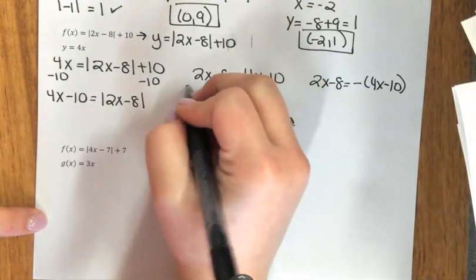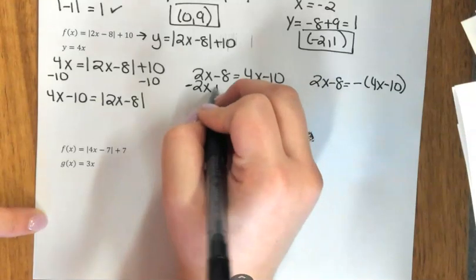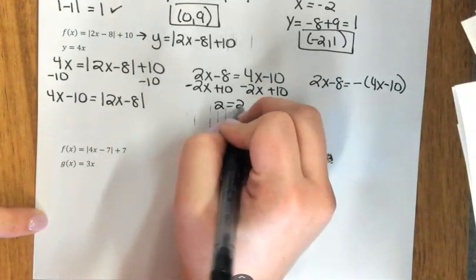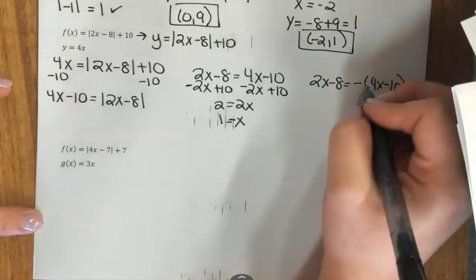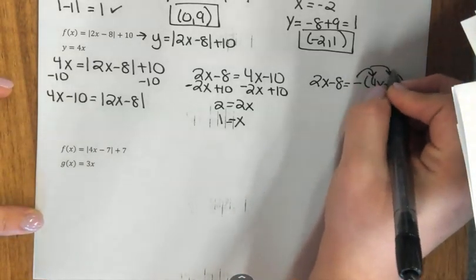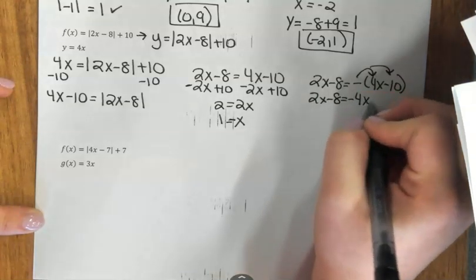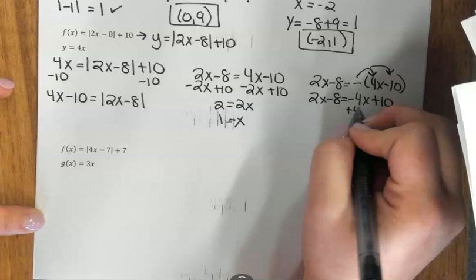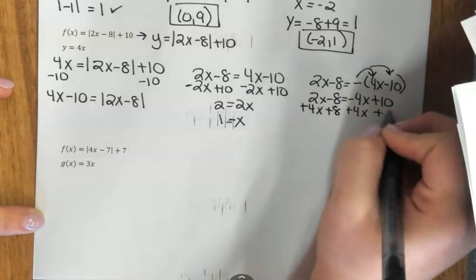So to solve this one, I'm going to get all my x's and all my constants together. And I get that x is 1. I have to distribute the negative for my other equation. And then again, do some rearranging.